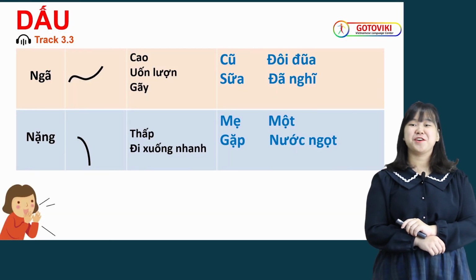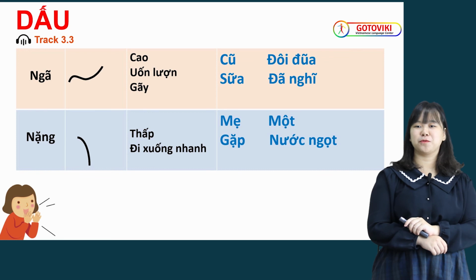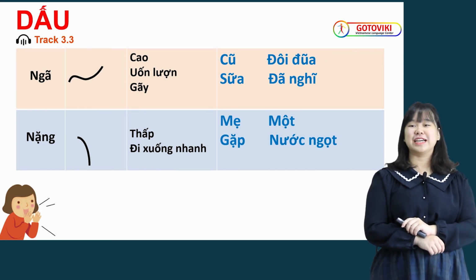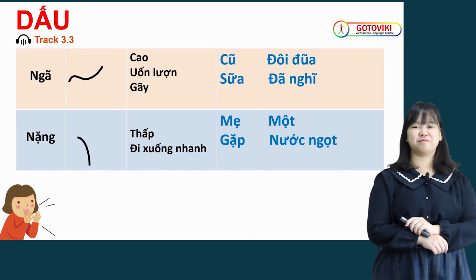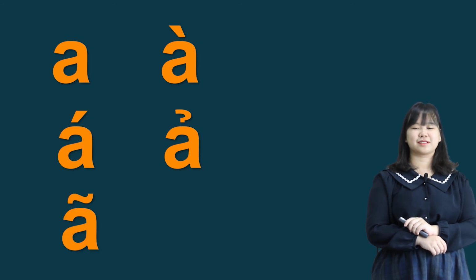Okay, very good. Now let's review the 6 tones that we have already learned in Vietnamese. Listen and repeat after me. Nghe, sau đó nhắc lại theo mình nhé. A, à, á, ả, ã, ạ.